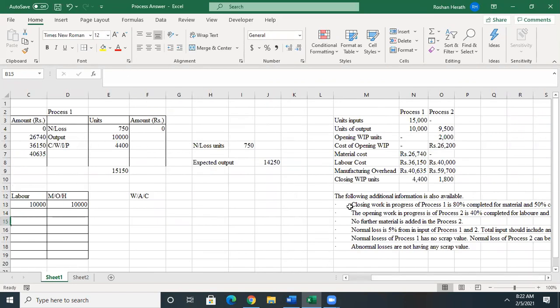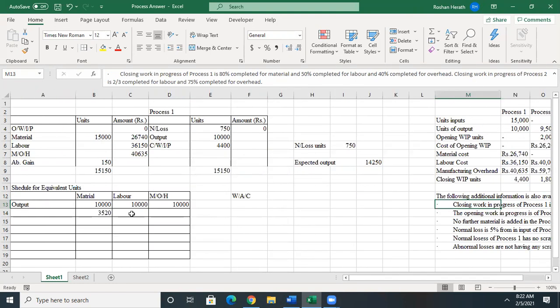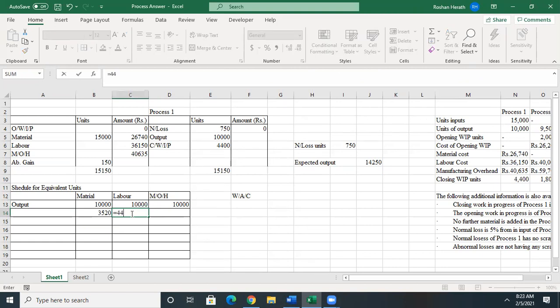Then 50% completed for labor and 40% completed for manufacturing overhead. So that is the stage of completion for each of these cost components.